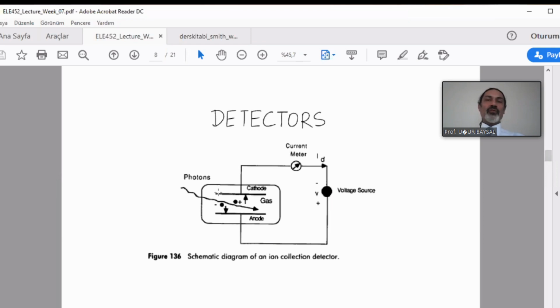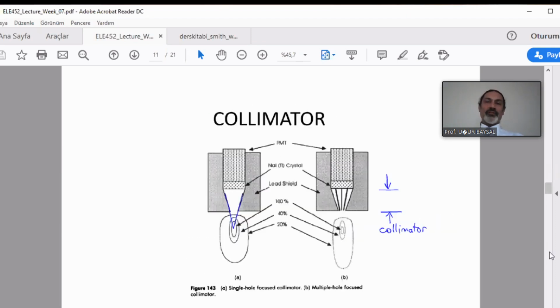And vacuum or tube kinds of detectors utilize the same principle. The ray ionizes, producing electrons and ions, and they increase the current. That current is measured, and this current is proportional to the number of rays.